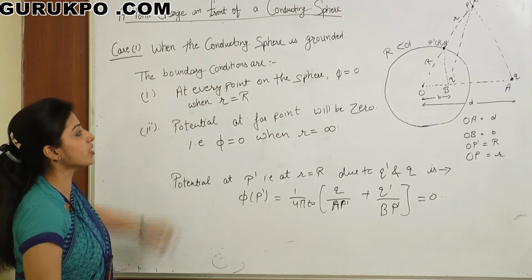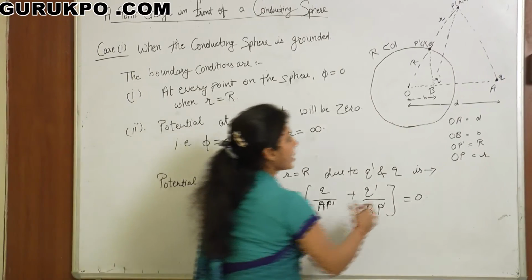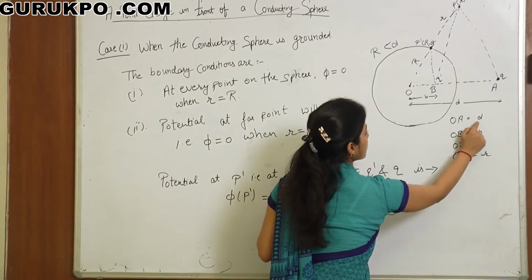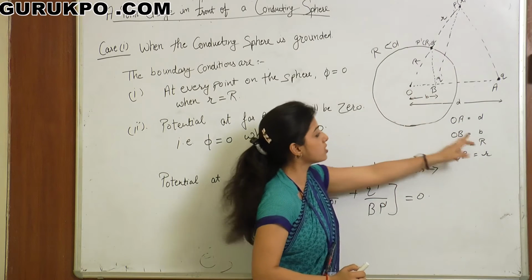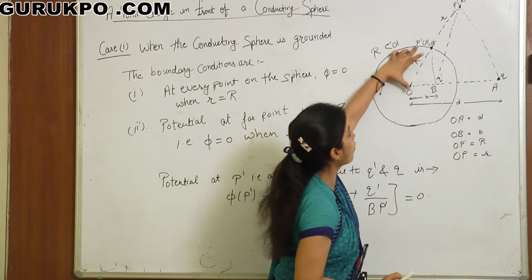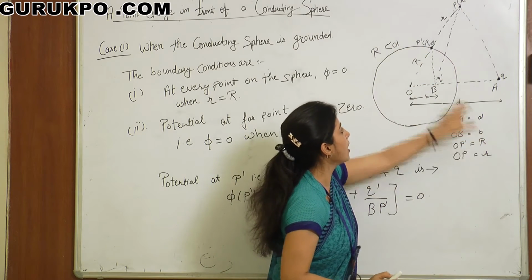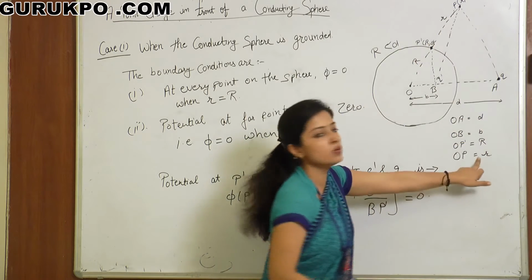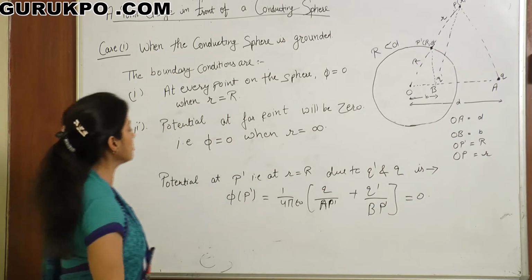The conducting sphere is grounded. Now we have OA equals D, OB equals small b, OP dash equals R and OP equals r. We are taking these parameters.